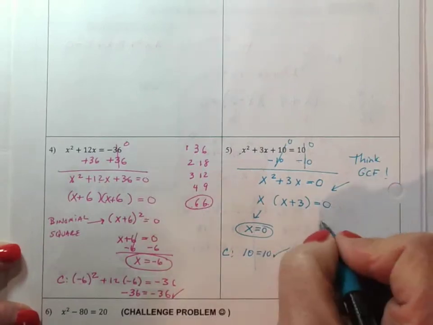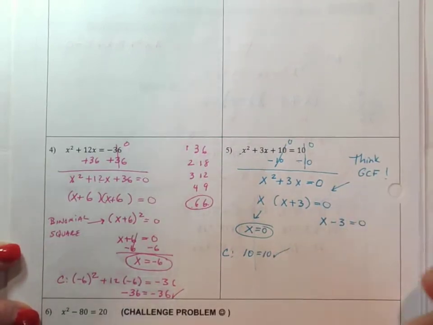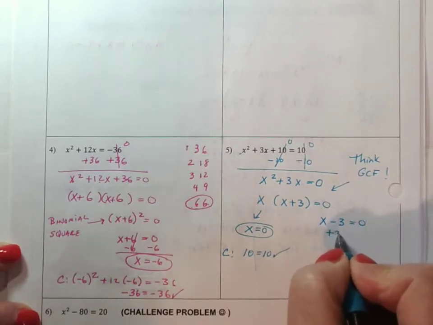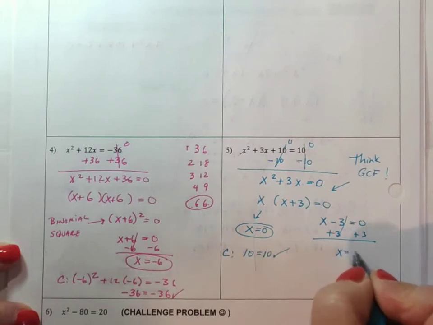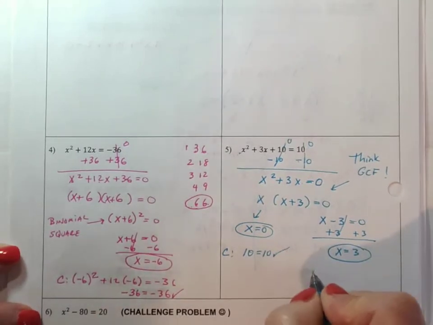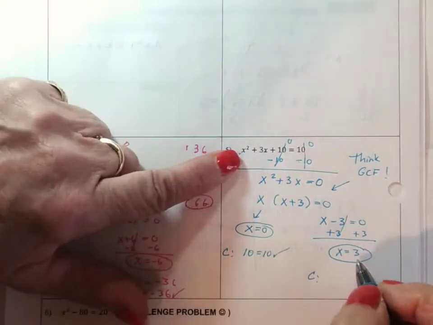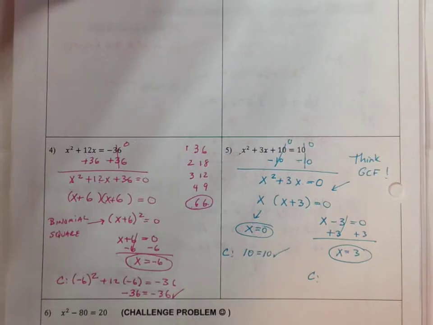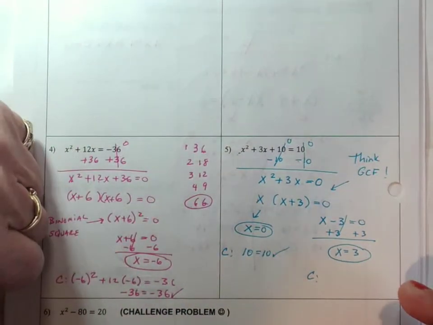Okay, here I have x plus 3 equals 0. I subtract 3 from both sides, and I get x is equal to negative 3. In your notes you should show your checks, so I want to remind you how to do the checks.